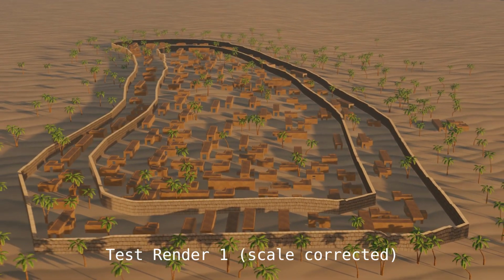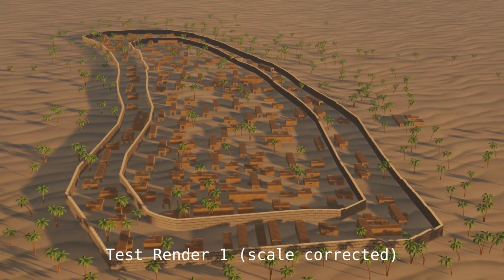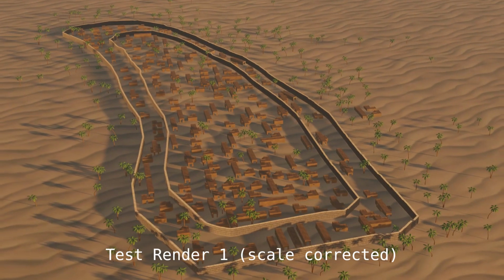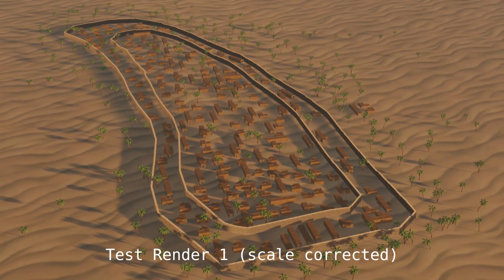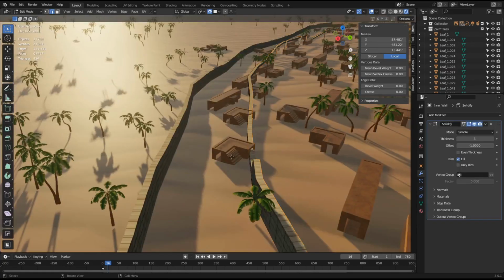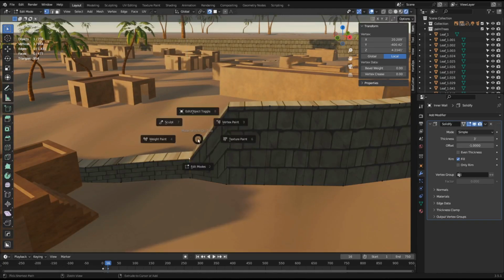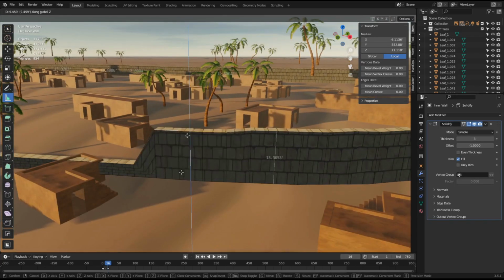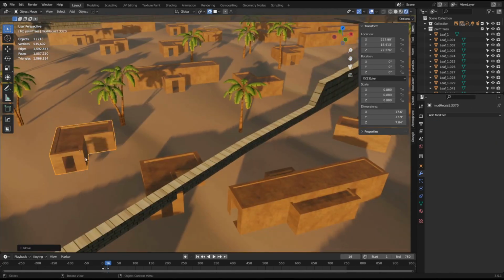And then as I've been working, I've been able to find other people who have done renders, drawings and paintings, and understand more about what the city may have looked like at that time, what type of building materials they used, and how their houses were shaped.